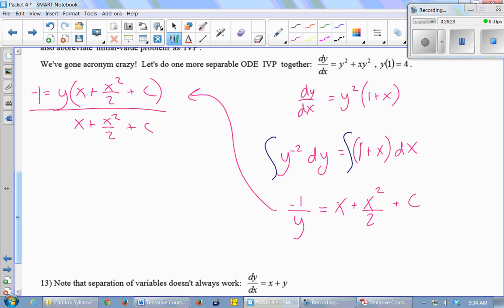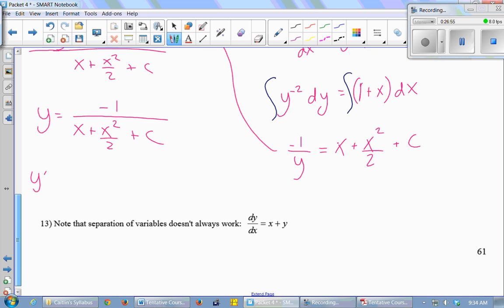So we get y equals negative 1 over x plus x squared over 2 plus c. So that's my general solution. That's my family of functions. Any function from this family will satisfy the ODE, right? Then if I want to find the particular c, I have to use the initial condition that y of 1 equals 4.